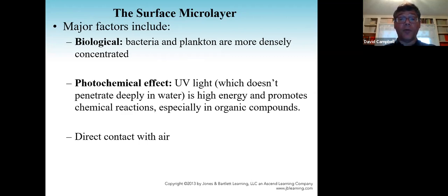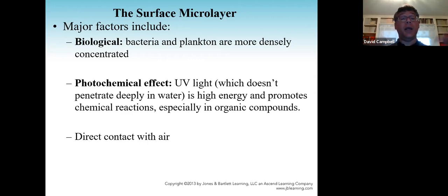Some important chemical things going on. Photochemical effect. UV light has higher energy than visible. That's why it can give you sunburns and skin cancer and all that. But UV is absorbed quite quickly by water, so it doesn't penetrate very far in at all.